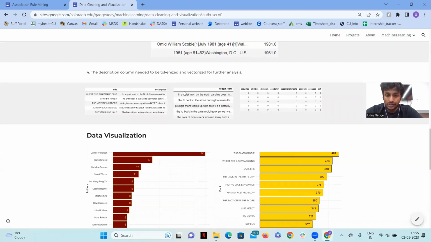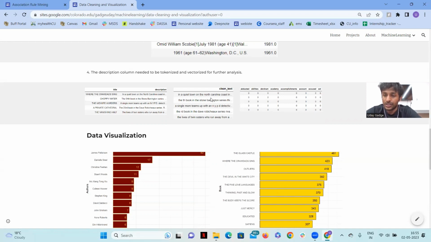So for example, this is the description of each book that I got from New York Times. And I have to clean it first, which is making sure that every word is a word. And sometimes words like in, a, on, the don't really add any value to the text, so we need to take them out.